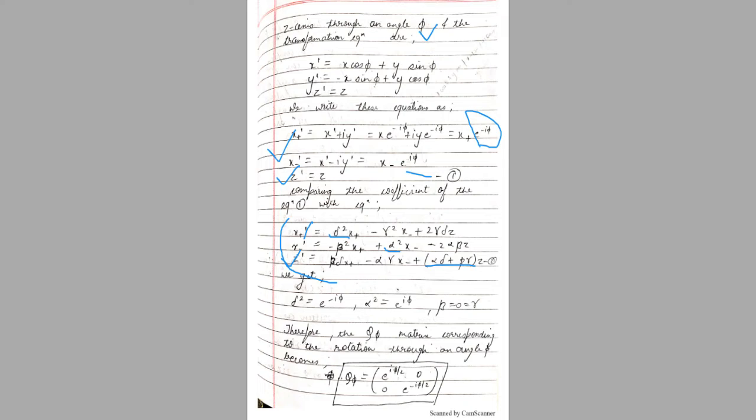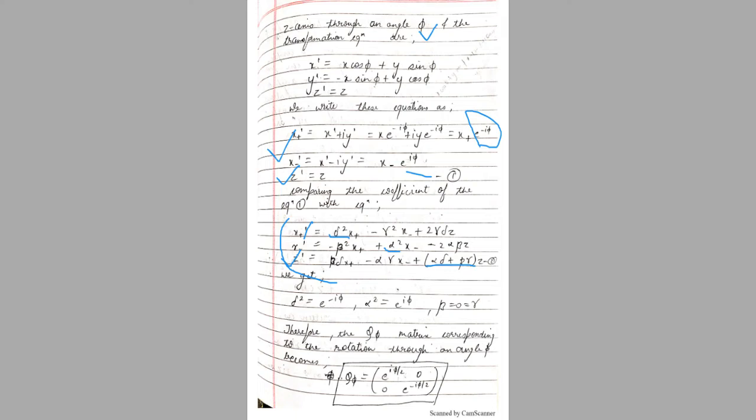Since we know that alpha into delta plus beta into gamma equals 1, obviously alpha into delta has to be equal to 1 and beta gamma will be 0.